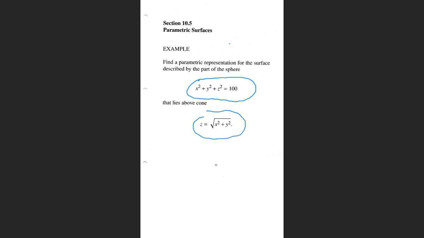Remember, if you square both sides of z equals square root of x squared plus y squared, you get z squared equals x squared plus y squared, and we can put ones underneath each of those. That fits the form of a cone.